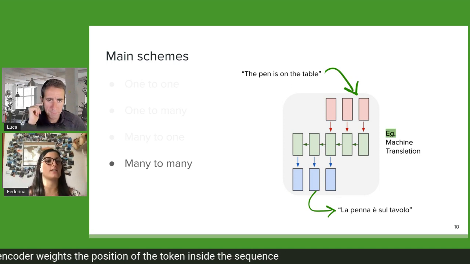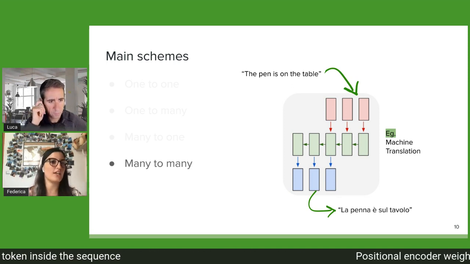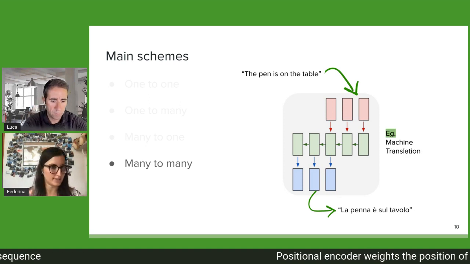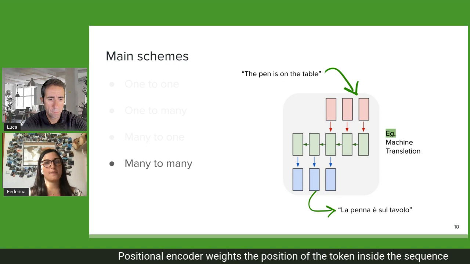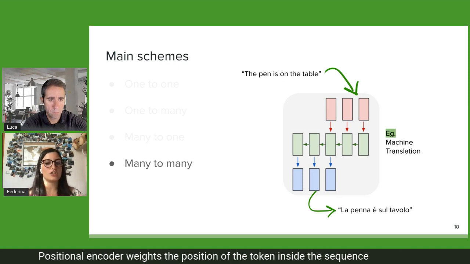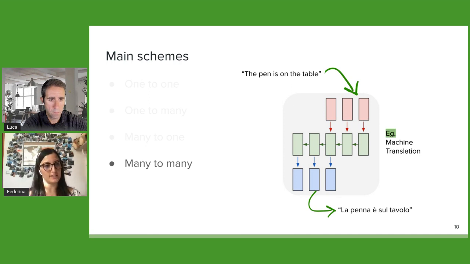So for instance, let's say we have integers, so it's easier. There is 1, 2, 3, 4, 5, and 6, okay? But these vectors do not change based on the position of that word inside the sentence. For instance, I could change the order of the words, but this vector will stay the same.